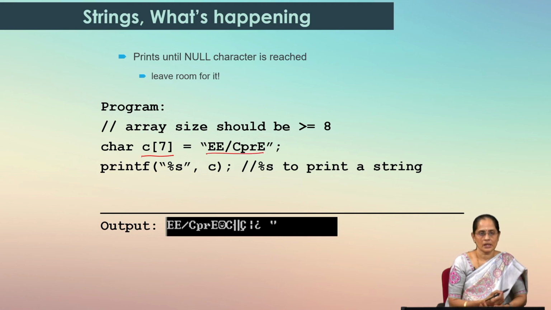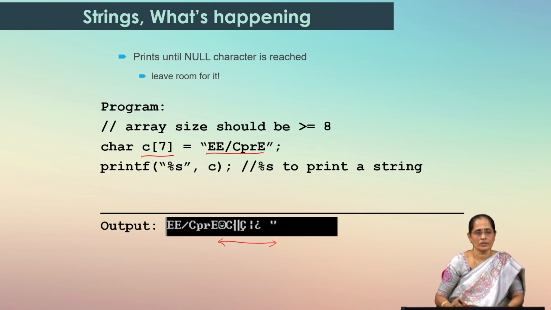But while printing the elements, we can see that some other ASCII values are also printed along with it, in case the string is not terminated with the null character. So, the null character plays a vital role in creating the string, and it delimits and represents the end of the string.